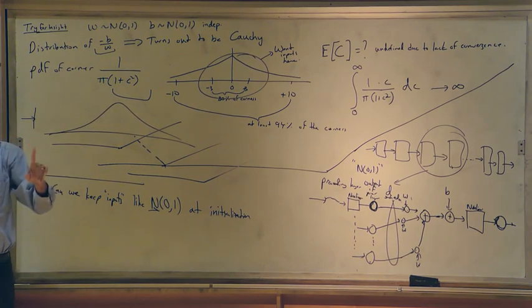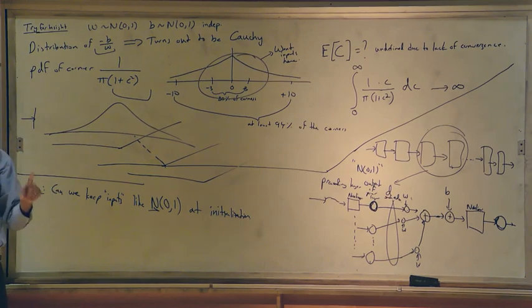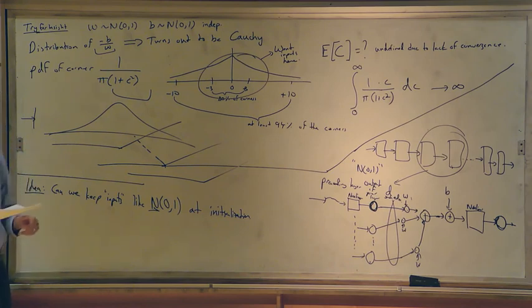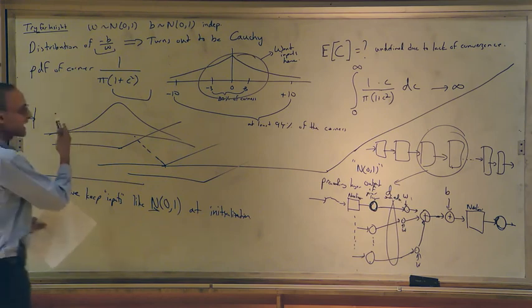Good? So the other interesting quality we care about is the fact that this thing is heavy-tailed, that it actually doesn't have a mean. Does that need both of these to be Gaussian? No, it does not. What's making this tail extend?